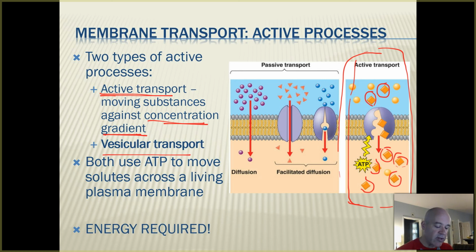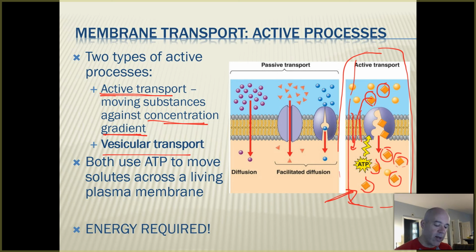Now imagine if you just had a channel sitting here that would allow those diamond-shaped solutes to move across the cell membrane. Which way would they naturally want to go? They would naturally want to diffuse from inside, where they're more concentrated, toward the outside. So you can see why cells can't just open up random channels that allow things to freely flow from one side to the other, because that would not allow them to maintain a stable internal environment like they need to do.